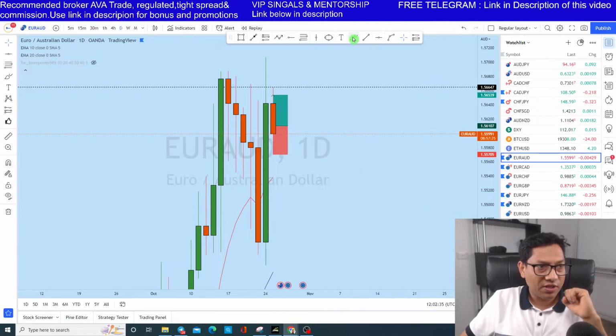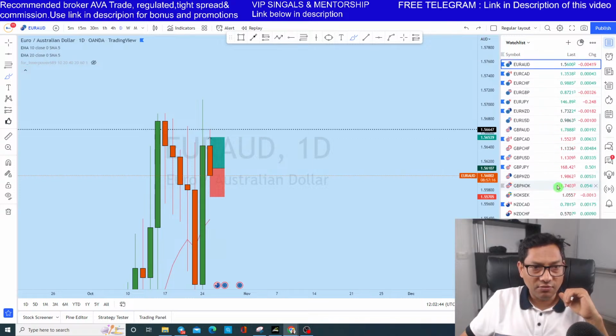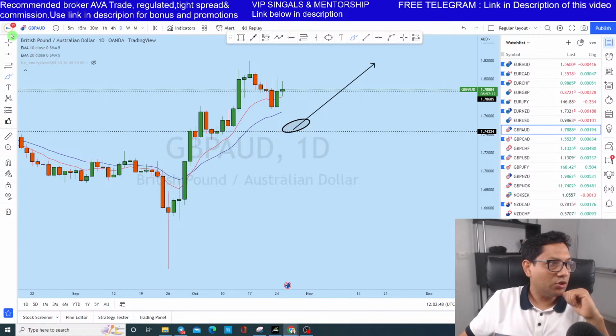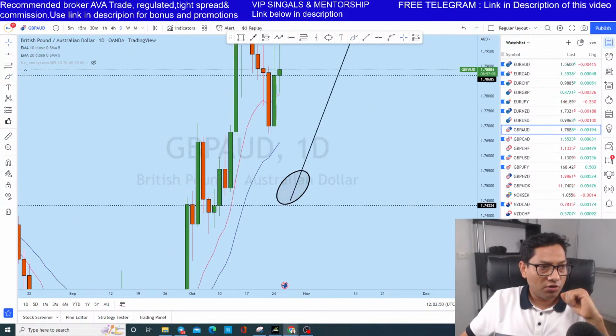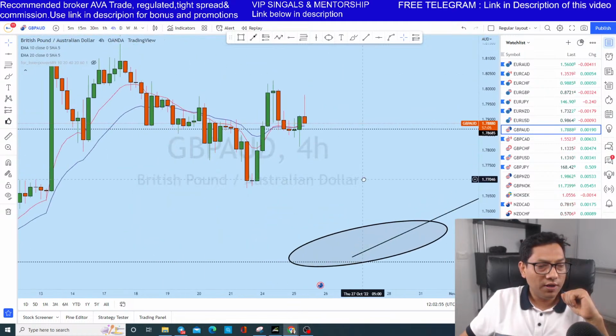I'm expecting, after this bullish engulfer, to have a doji in this zone. The price is coming down, which is expected in a healthy trending market. I'm considering this a retracement, like the GBP AUD as well, which is coming down for a retracement, and I think we will have some good trade on this one as well.